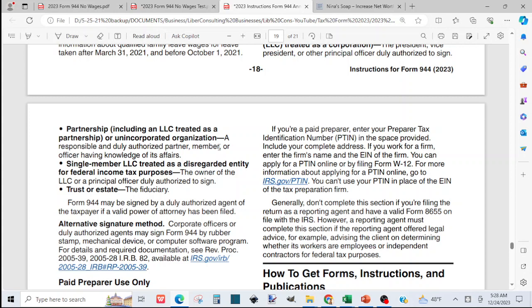And they say responsible and duly authorized partner, member, or officer having knowledge of its affairs, so they can sign. If you are a single member LLC and you file Schedule C for your LLC business, you, the owner of the LLC, or a principal officer duly authorized to sign. So we are going to stop there.